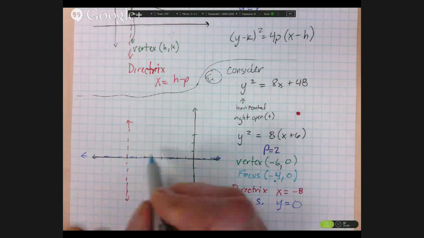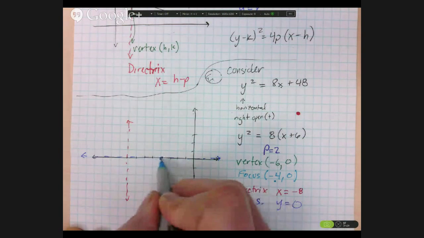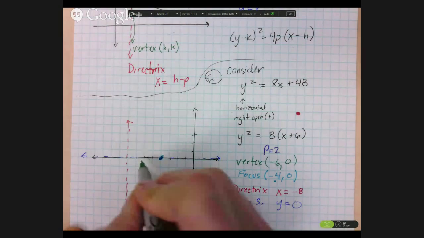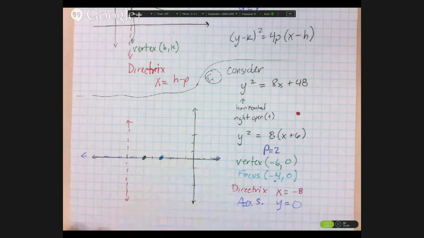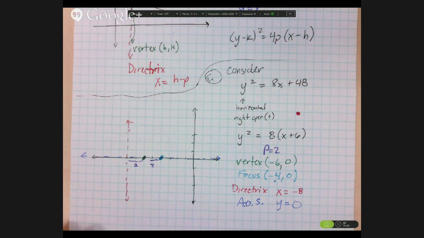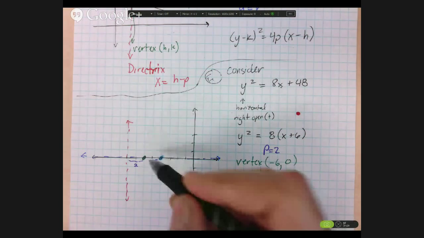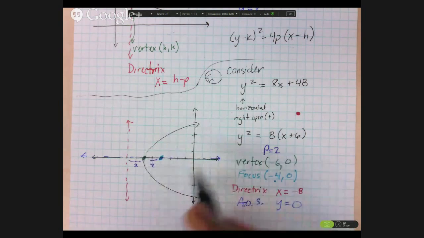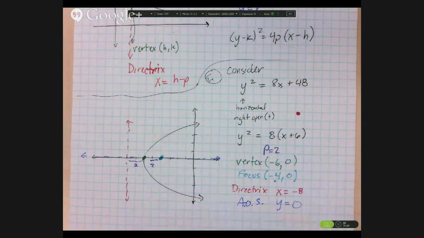Focus there, and vertex there. And notice that this is the p value, 2 and 2. I'm not going to require you to be perfect on these, but just give it a sketch.